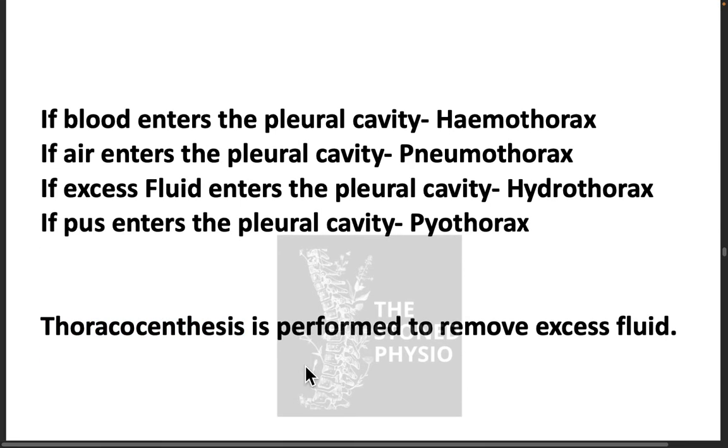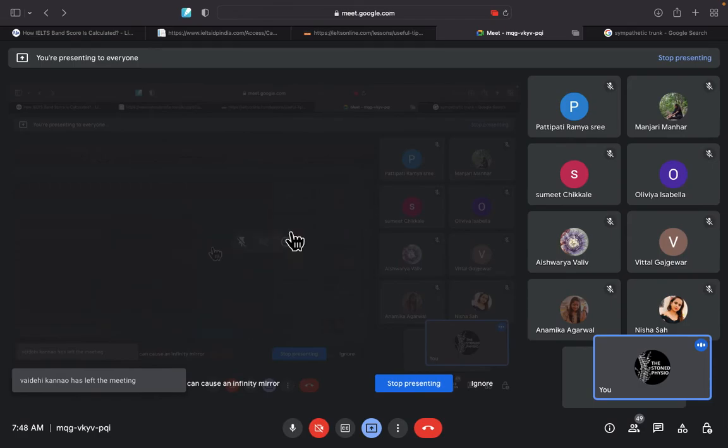There is another term called amniocentesis. Does anyone know the meaning of amniocentesis?